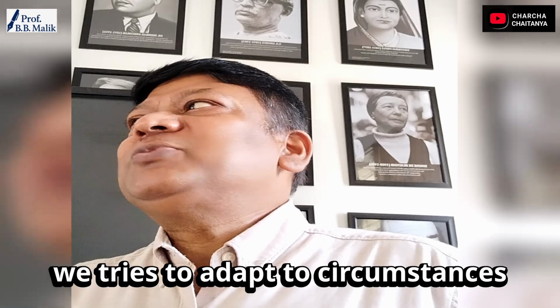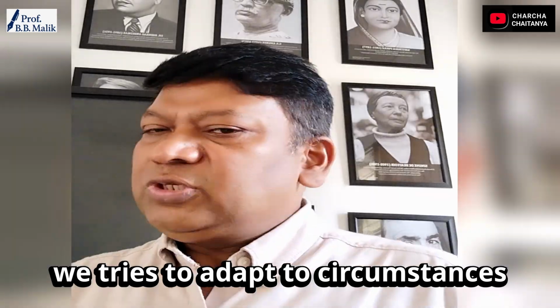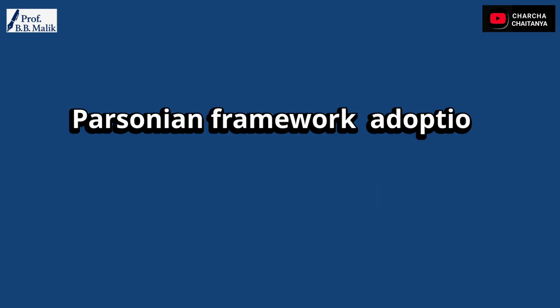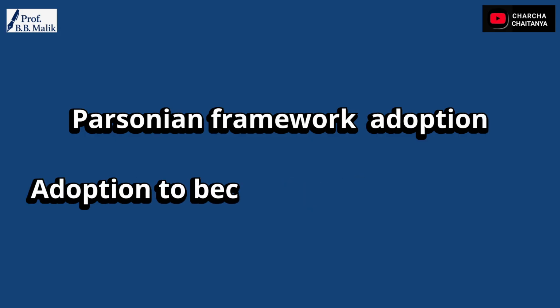What are the adaptive changes? Adaptive changes means we try to adapt to the circumstances. If you take the Archinian framework, adaptation to change, adaptation to legislations, adaptation to become a modern society.